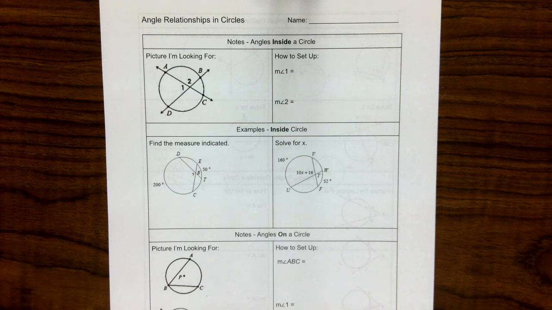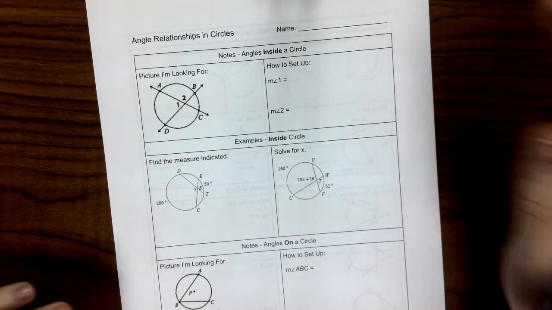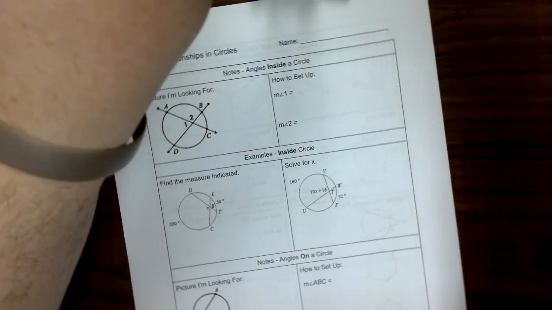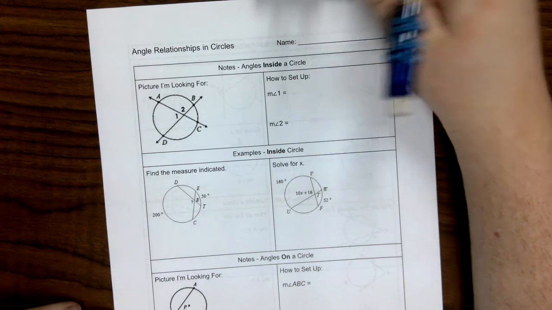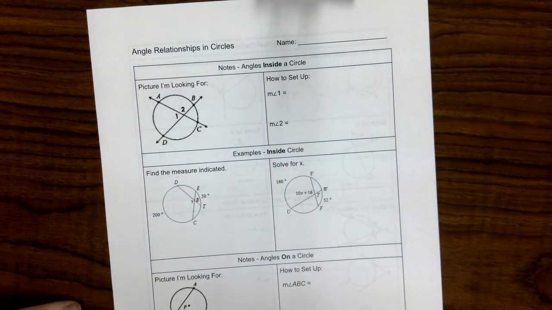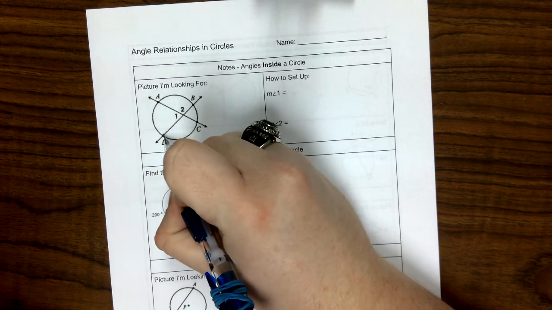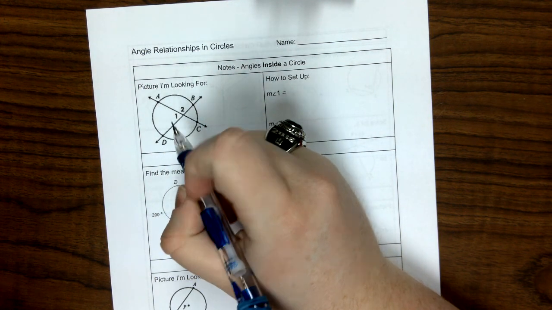Okay. So the first one we're going to look at is inside a circle. What you're looking for is a circle with two chords intersecting inside the circle.